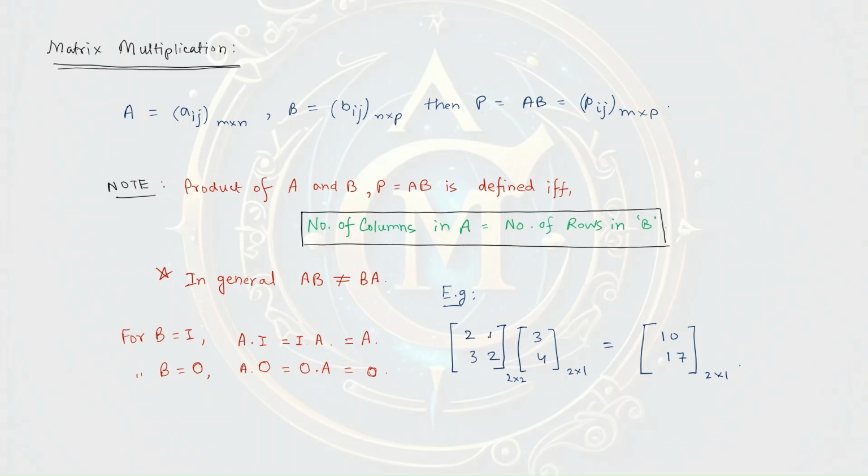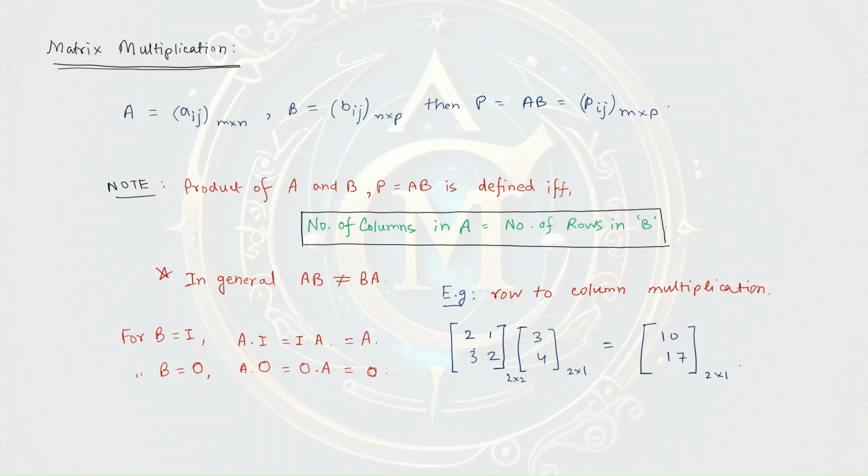Here are some examples of matrix multiplication. Now, how is matrix multiplication done? You need to simply go by row to column multiplication. This is the most general way of multiplying two given matrices if their product is defined.